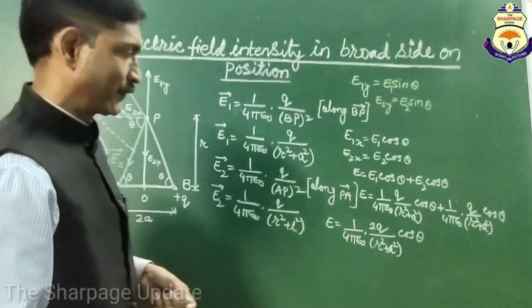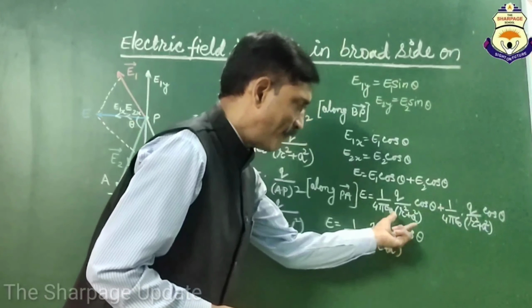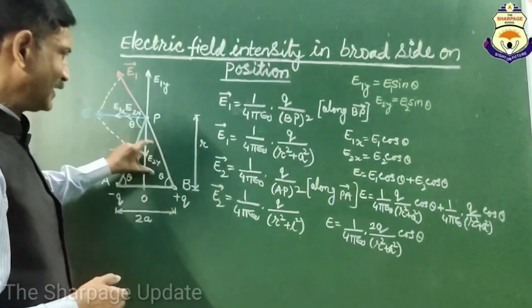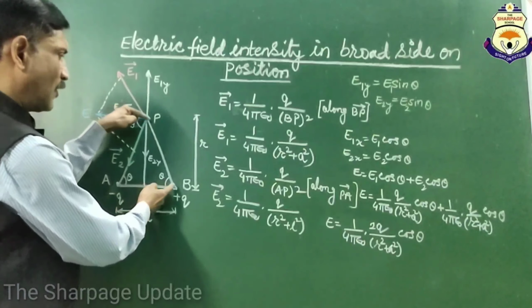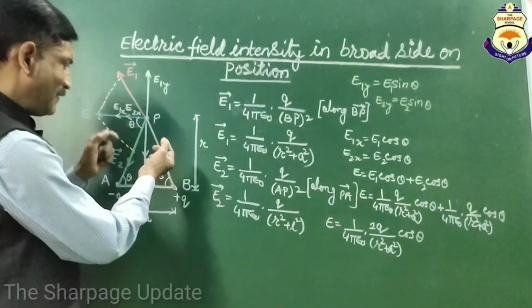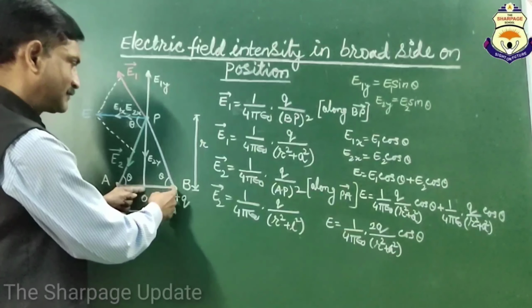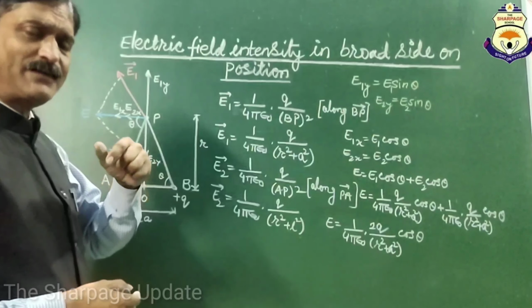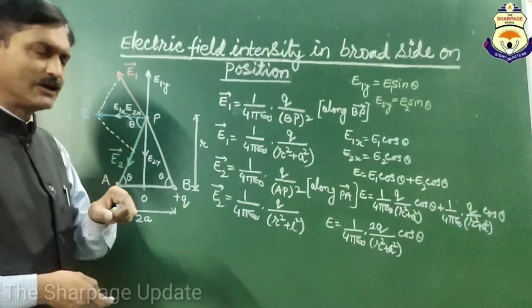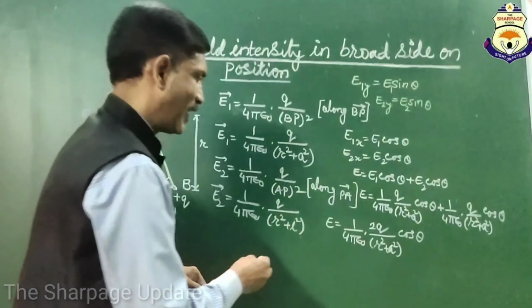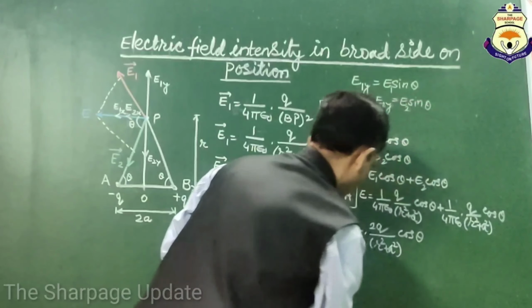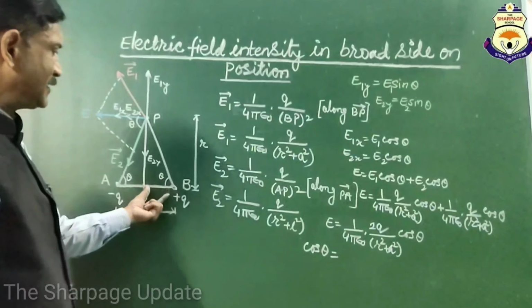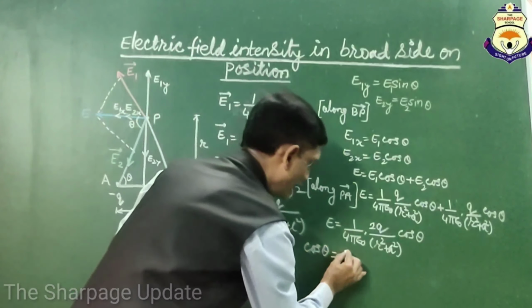Now friends, here the value of cos theta can be found with this right angle triangle. Cos theta equals base upon hypotenuse, it means OB upon BP.